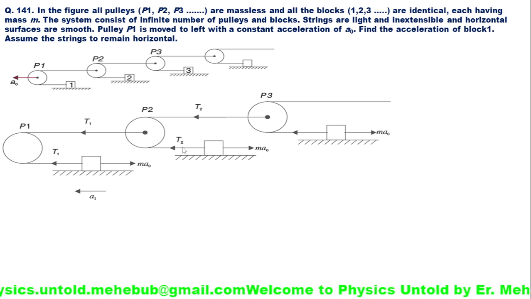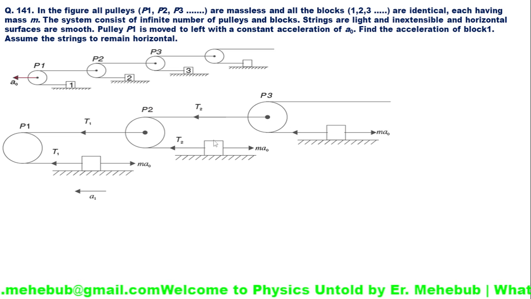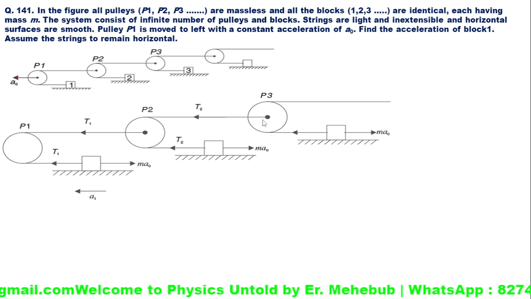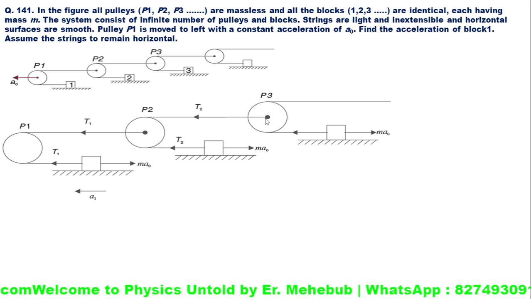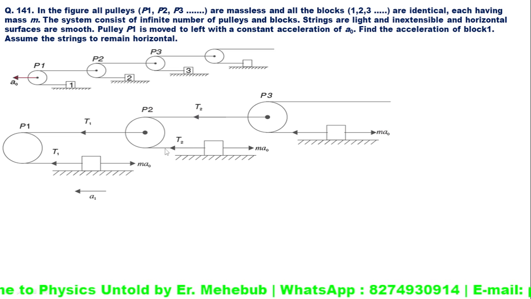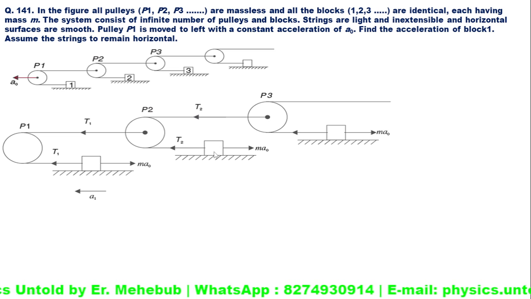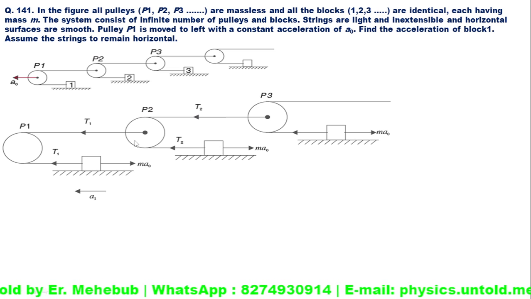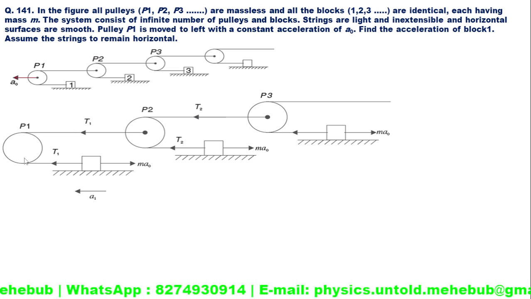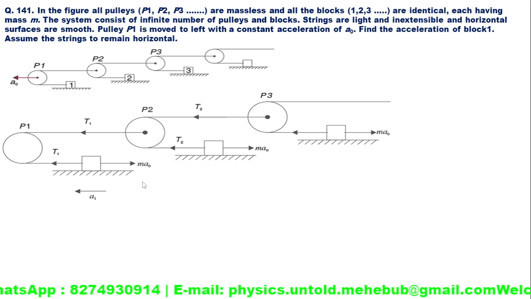Here in this diagram there is a pulley P1, a pulley P2, a pulley P3, and the tension between the pulley P2 and P3 is T2. Tension between pulley P2 and block 3 is T2. Tension between the pulley P1 and P2 is T1. Tension between the pulley P1 and mass m1 is T1, etc.